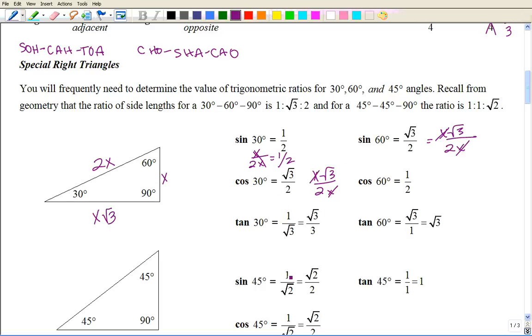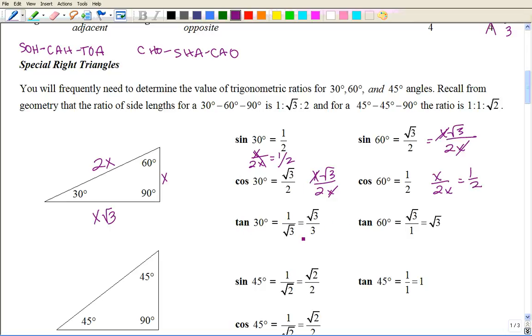So we have the square root of 3 over 2. Cosine of 60, its adjacent would be x. Opposite and adjacent all depend on which angle you're looking at. Adjacent to the 60 would be x over the hypotenuse of 2x. That reduces to 1/2, and so on.